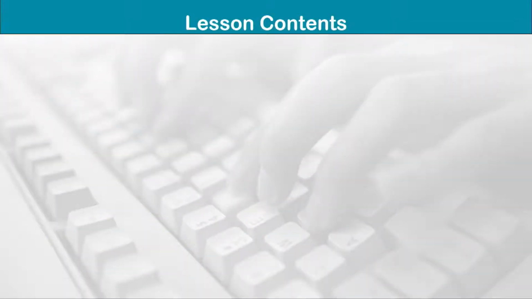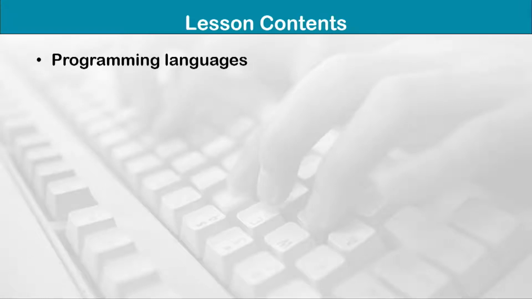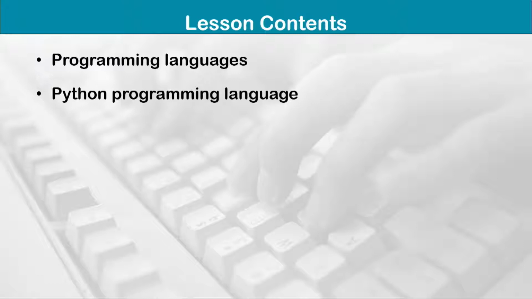Today we are going to learn about programming languages and how to write computer programs using one specific programming language, which is Python. Let us begin by looking at the contents of the lesson. We will first see what is a programming language, what is the Python programming language.